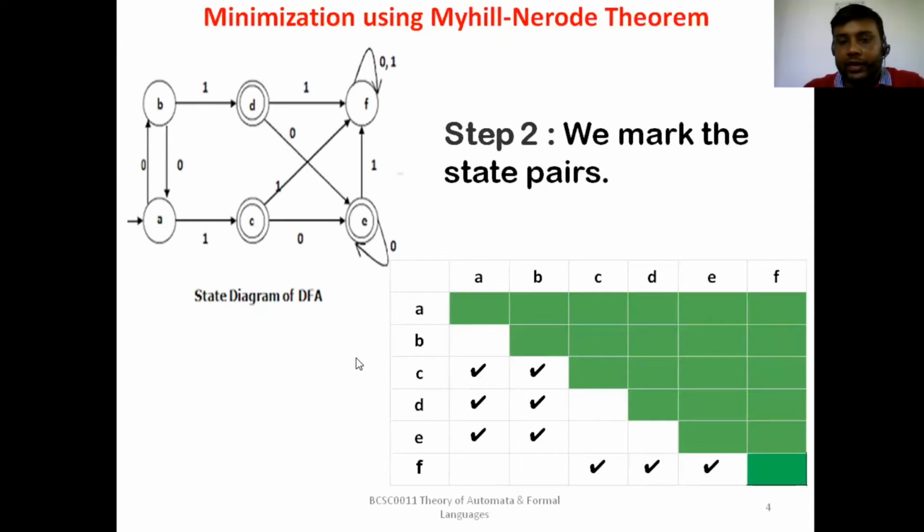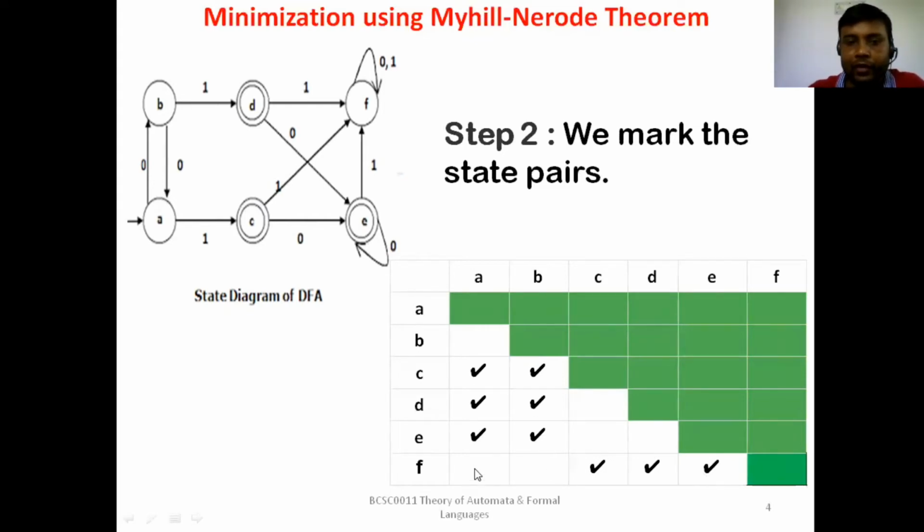Out of this, if you look here, AB has not been marked because A and B both are non-final states. CD has not been marked because C and D both belong to the set of final states. CE has not been marked because C and E both are final states. Then DE has not been marked because D and E both are final states.